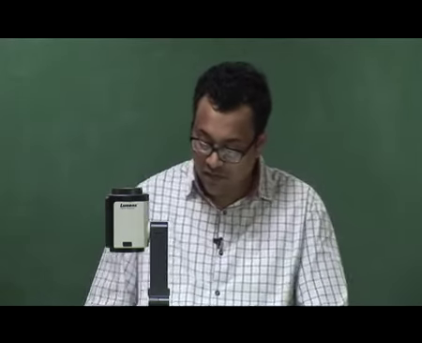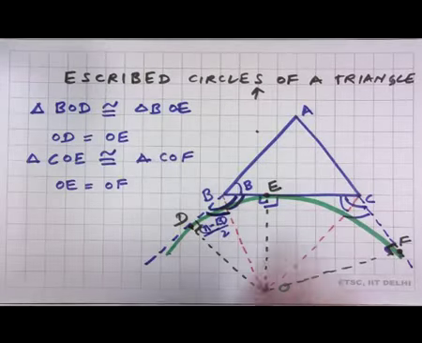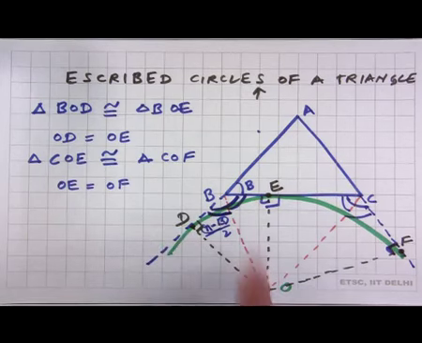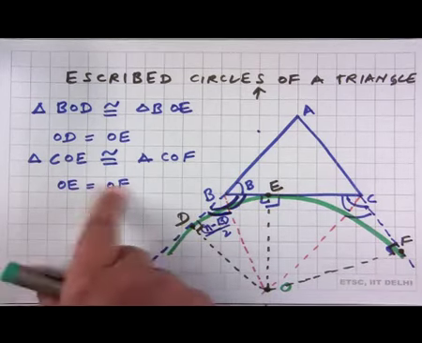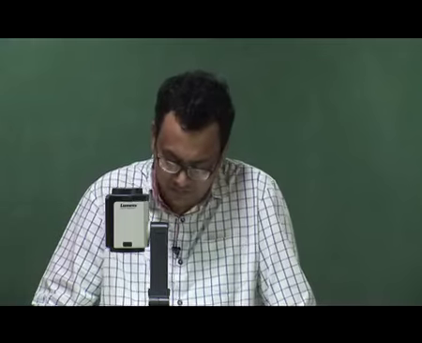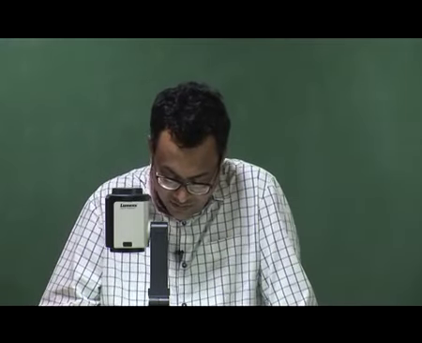Now, for the escribed circle opposite to angle A, from the figure we know that OD, OE and OF are all equal, and therefore, this point O must be the center of the escribed circle opposite to angle A. It has to be the center.